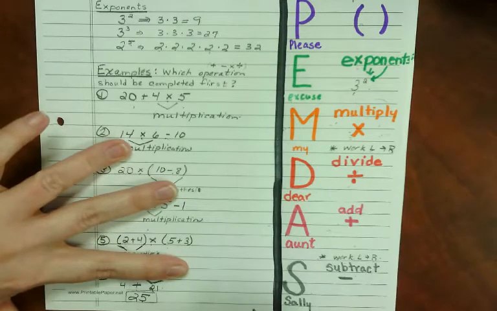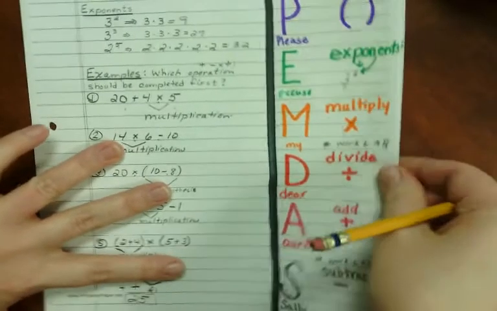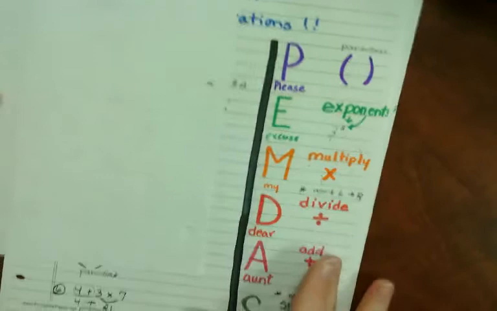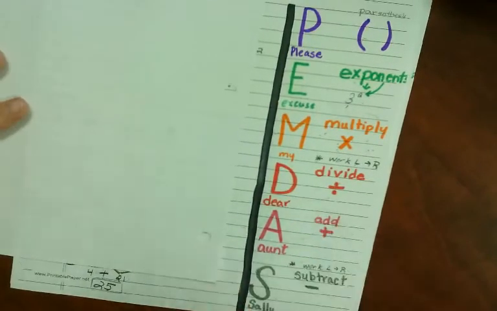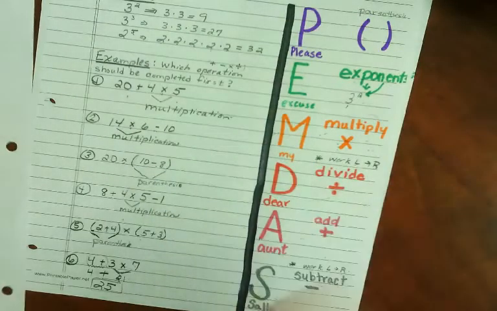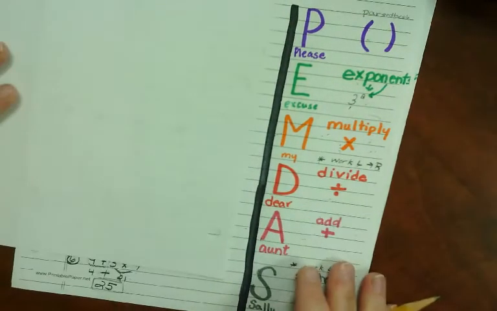If you need to cover it up with your finger, do it. If you need to take a sheet of paper and cover it up to help you, if that helps you focus and keeps you on track, do it.